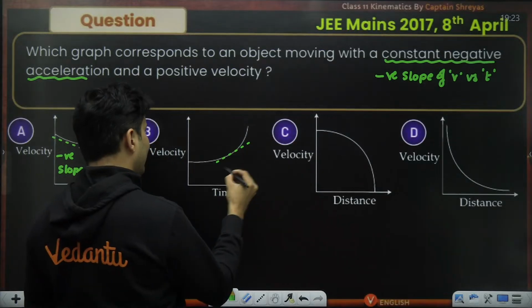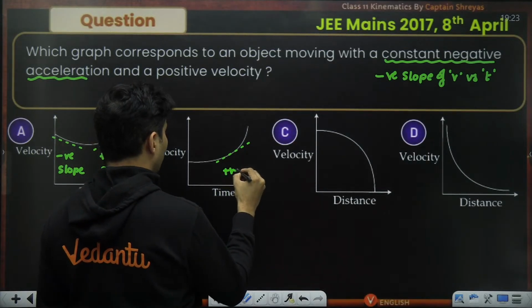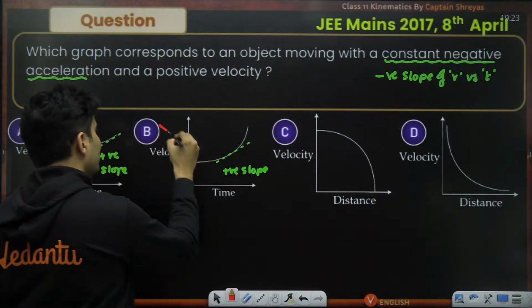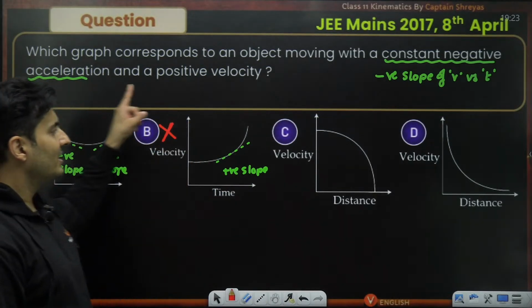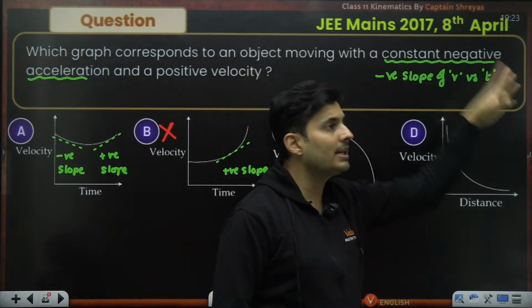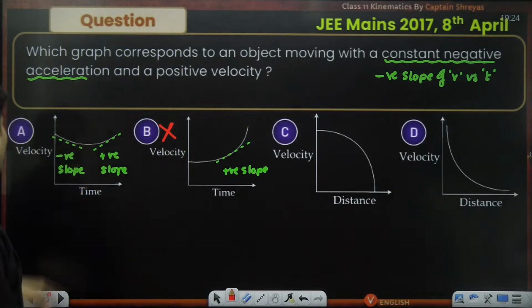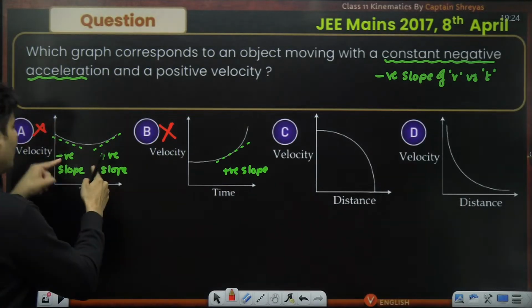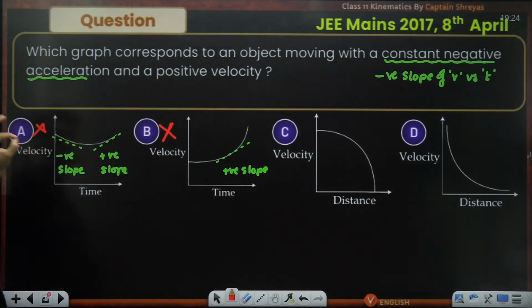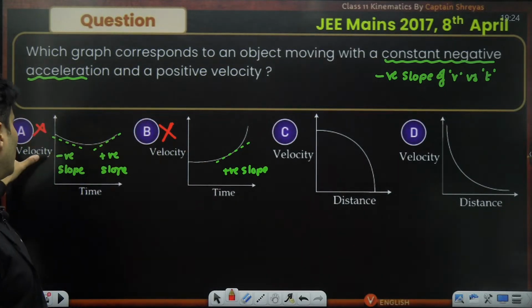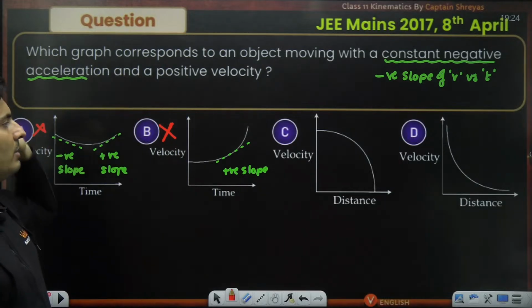Here it definitely has only positive slope. So option B obviously gets ruled out because it should be constantly negative. Even option A gets ruled out because how did negative become positive? It should always be negative. So it can't be A, it can't be B.